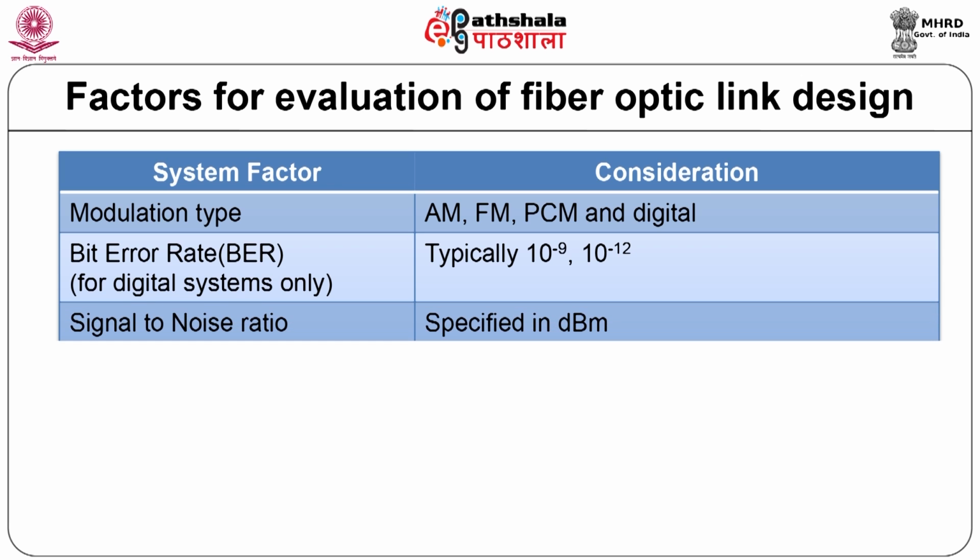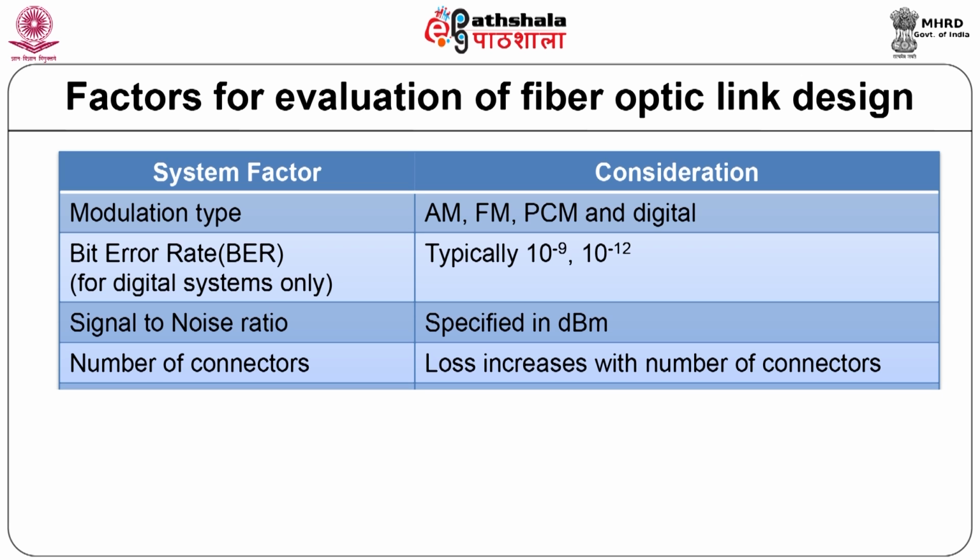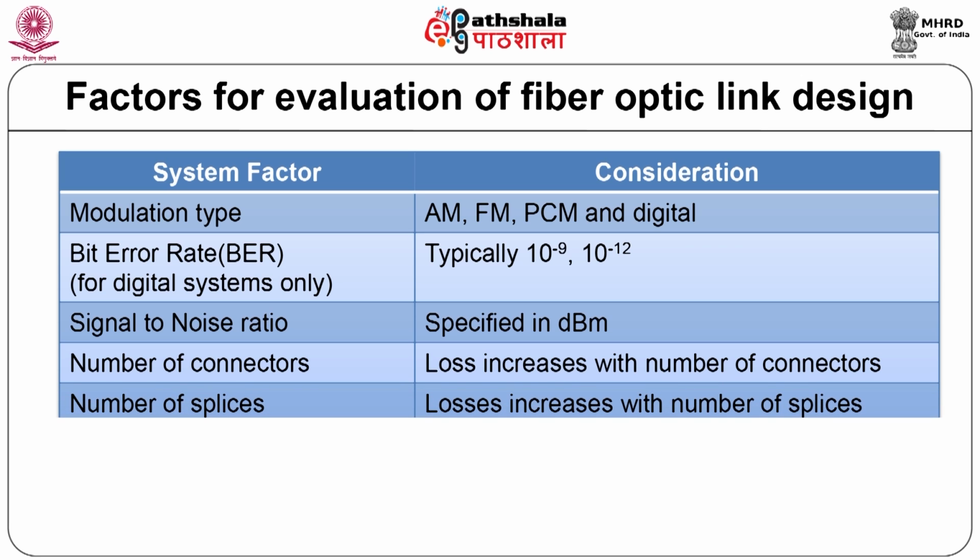Signal to noise ratio is generally specified in dB. Number of connectors: as the number of connectors increases, loss also increases. Number of splices: as the number of splices increases, loss also increases.